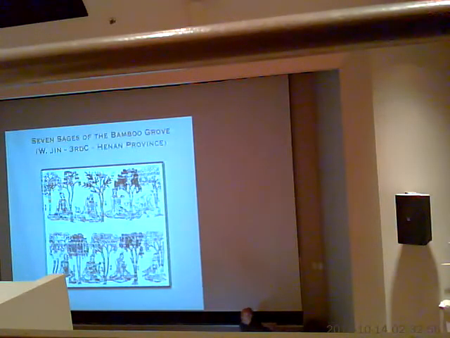So the response in this time of chaos, the Three Kingdoms, the downfall of the Han Dynasty, and an uncertain future, with many officials, as I said, retreating from public life. And seven of them got together, and they called themselves the Seven Sages of the Bamboo Grove. They were quite famous for being extremely eccentric.